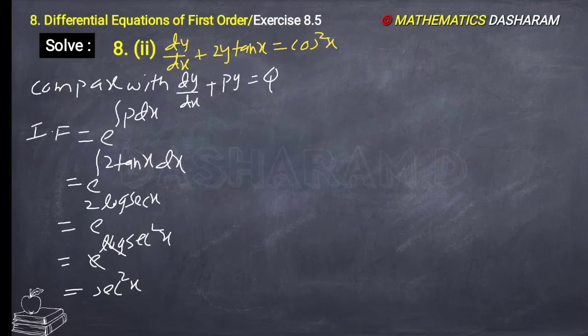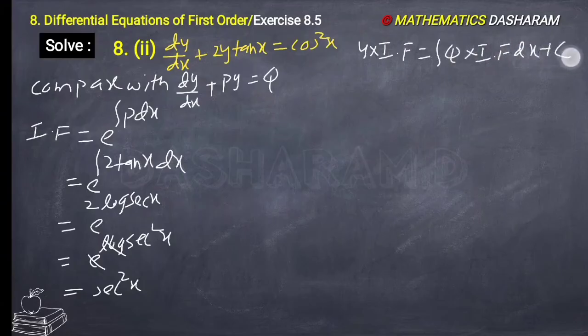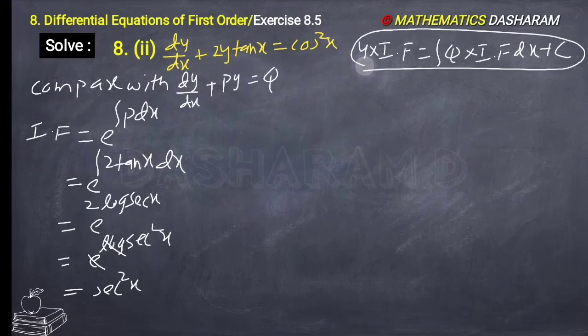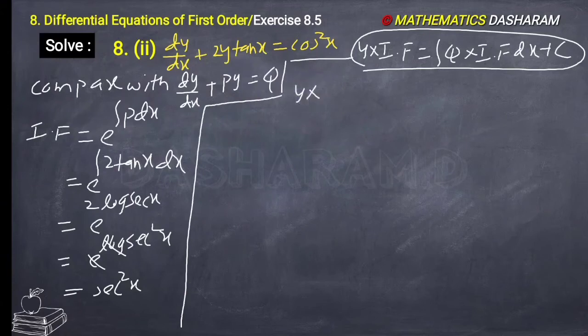Now the formula is y into integrating factor equals integration q into integrating factor dx plus c. Using this formula, y into integrating factor secant square x equals integration of q value cos square x and integrating factor secant square x dx plus c.